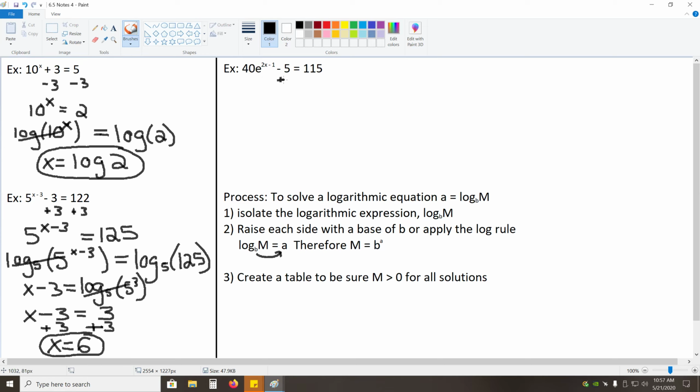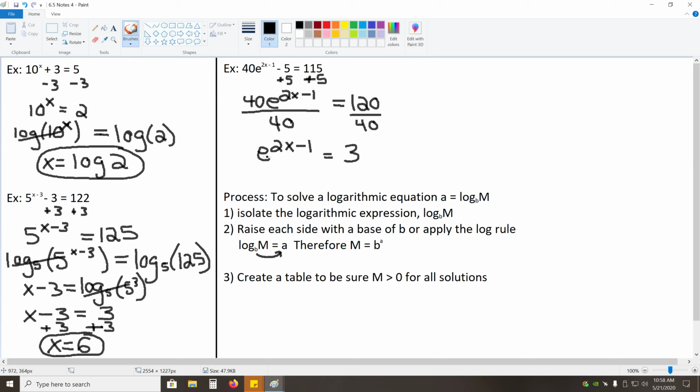We'll do that by adding 5 to each side of the equation, which gives us 40e to the 2x minus 1 equals 120. We'll then divide each side by 40 to get that e to the 2x minus 1 by itself. So that gives us e to the 2x minus 1 equals 3.